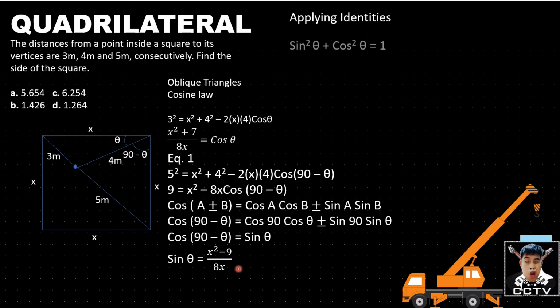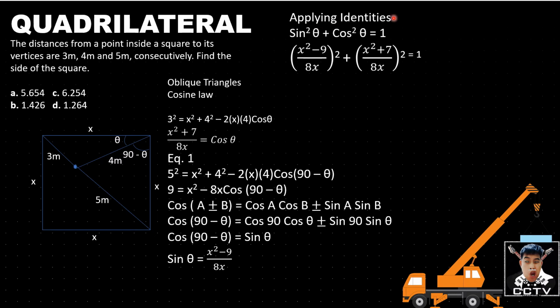Applying identities daw tayo. Sine squared theta plus, ito, alam natin to lahat. This one is the simplest identities. Yun nga, substitute mo lang. Ito, sine theta, tas itong cosine theta na to. And then you'll get here, ito nga.